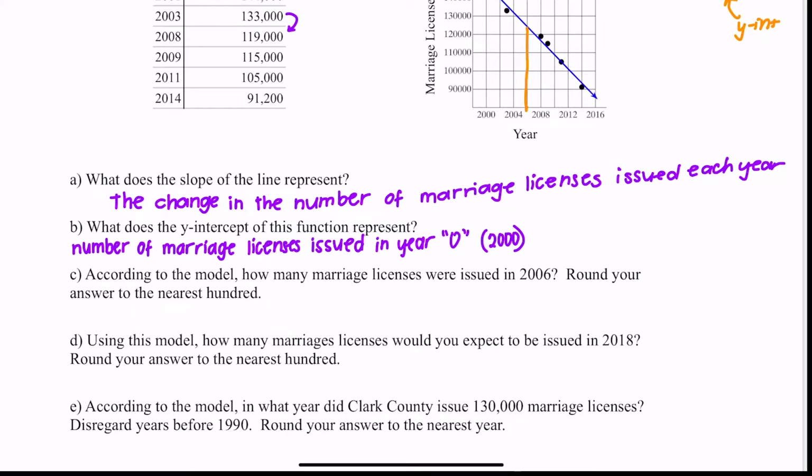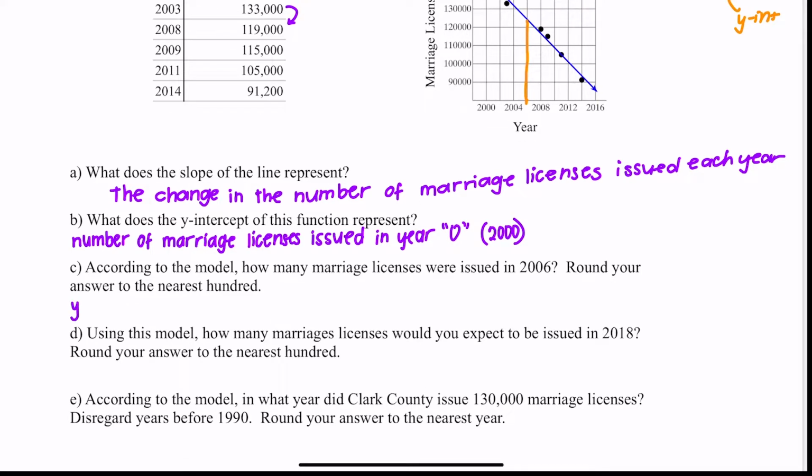Instead of trying to guess exactly what that number is, we're going to use the equation. So y is equal to negative 3,855.3 times x, where x in this case is 2006, plus our y-intercept of 7,858,000.